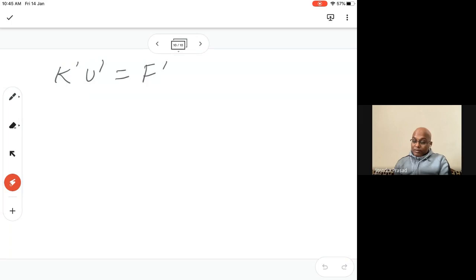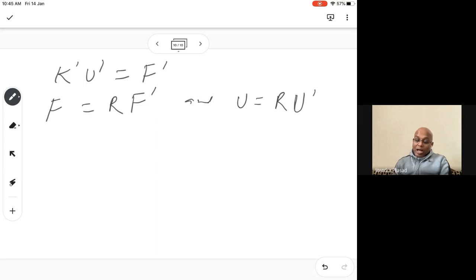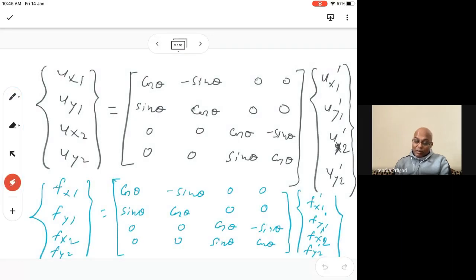So we write like this: f equal to R times f dash. Okay. And we also have u equal to R times u dash, where we know this is nothing but R.